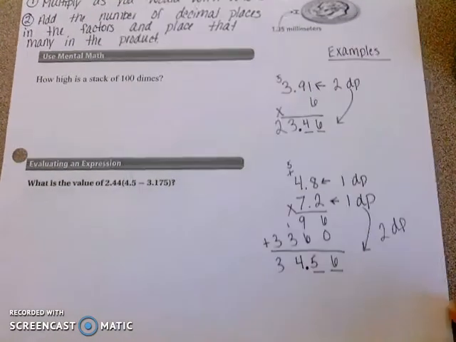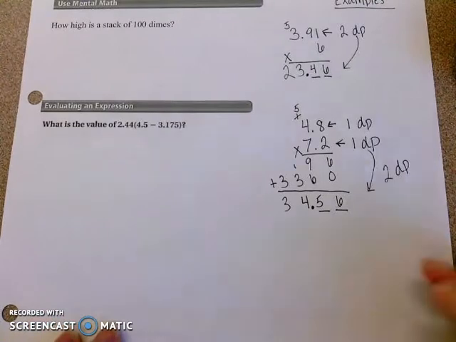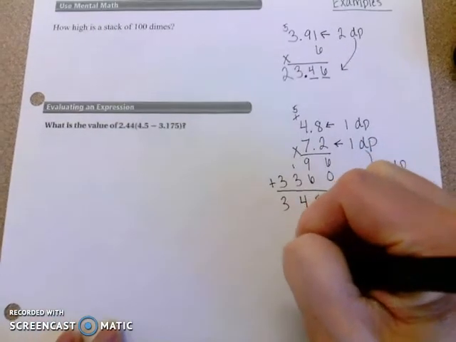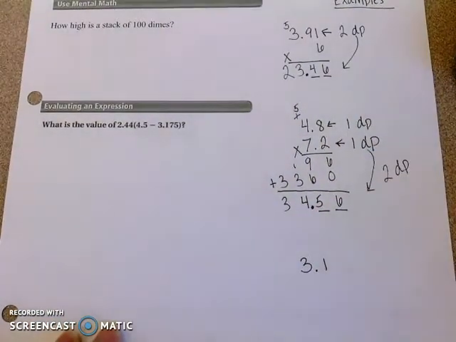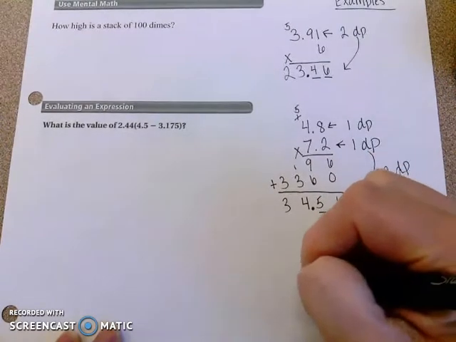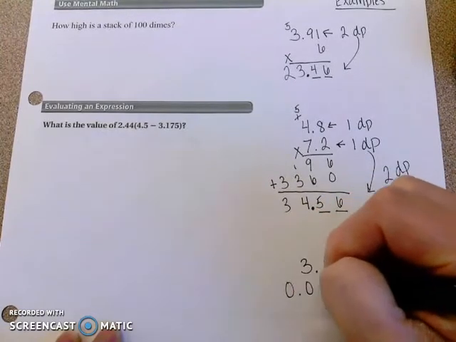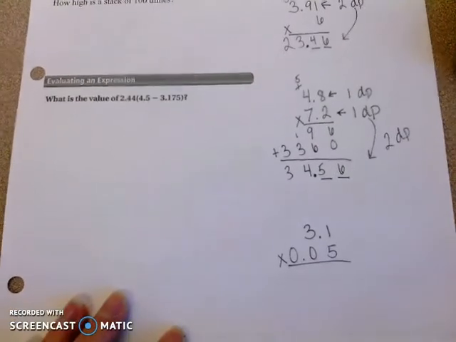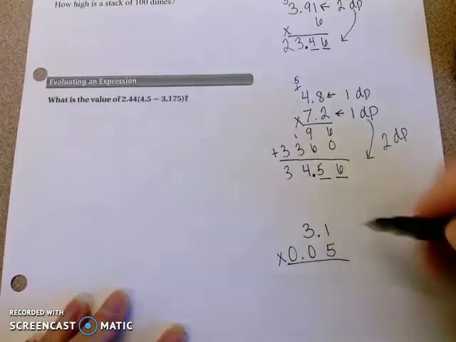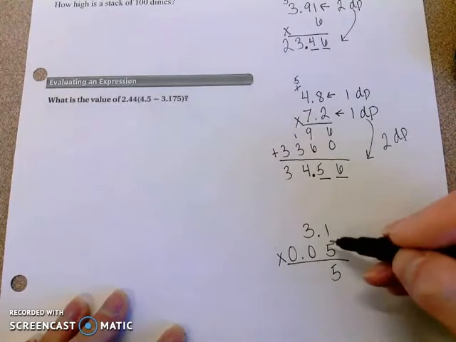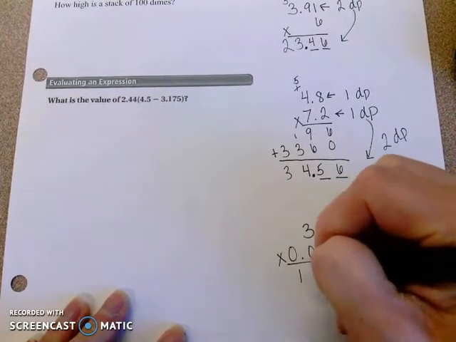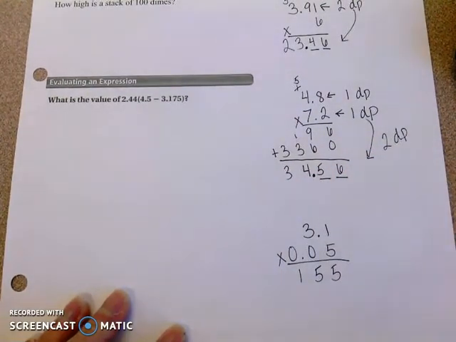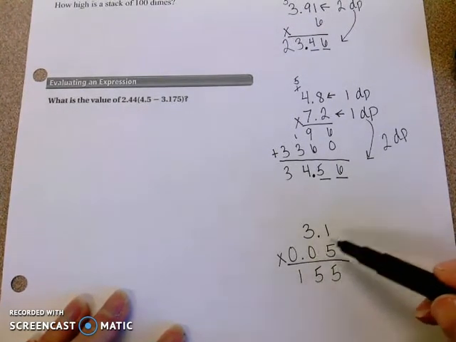Okay, let's try one more over here. So let's go 3 and 1 tenth. We're going to multiply that by 5 hundredths. So 5 hundredths looks like this. Okay. So I'm going to do 5 times 1, and then 5 times 3 is 15. From here, I don't have to put a 0 and keep multiplying because if I move on, I have 0 times 1, 0 times 3.